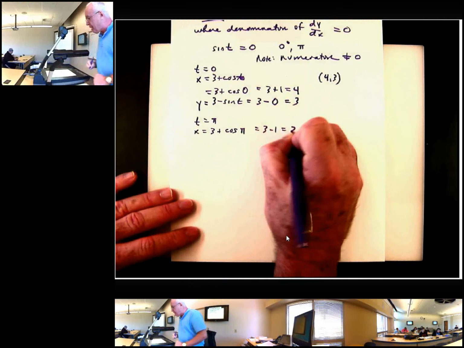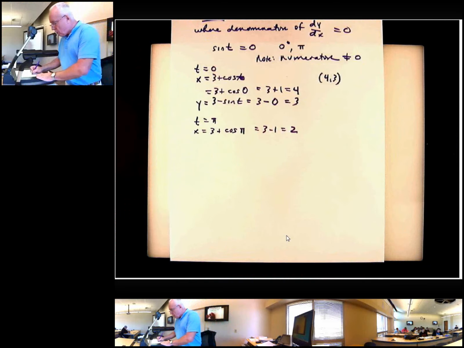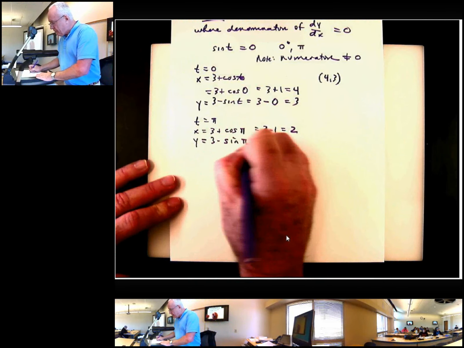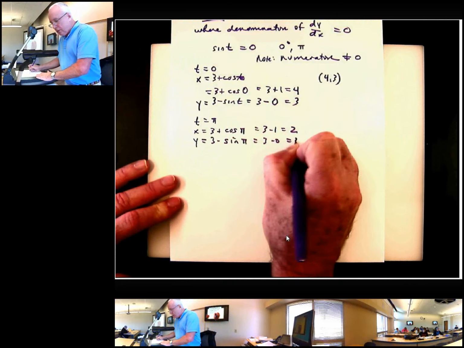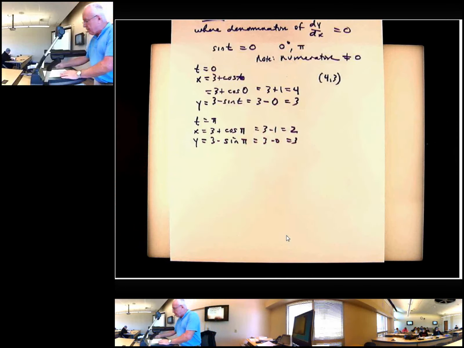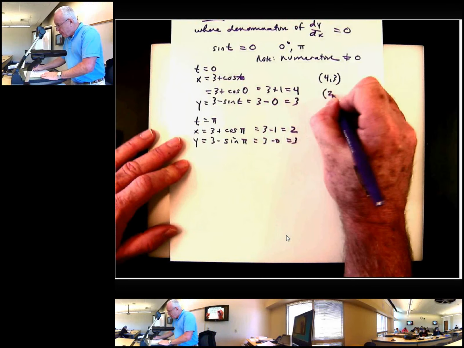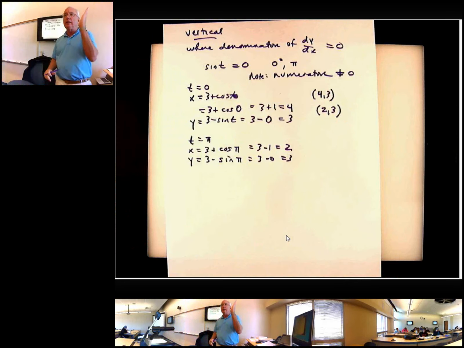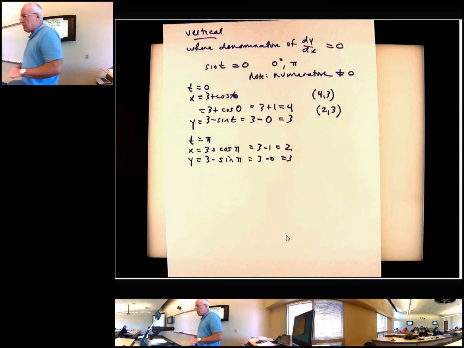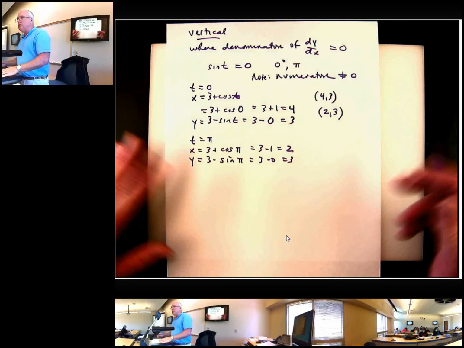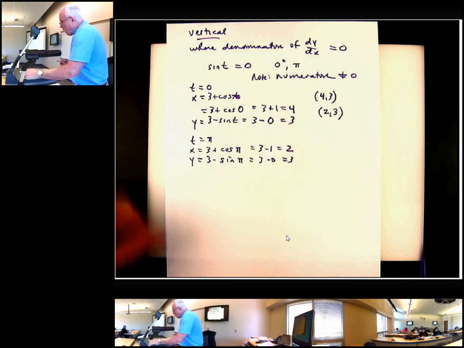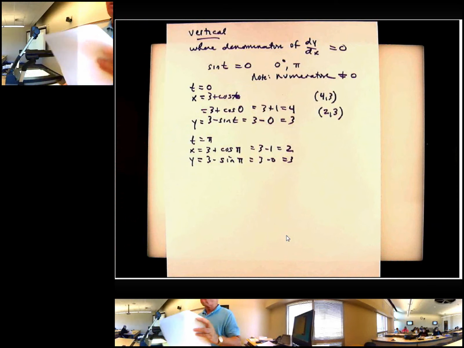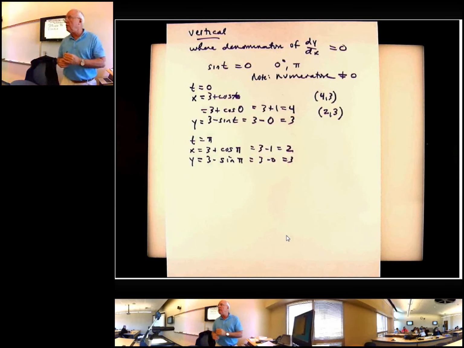So our x value here is 2, and our y value stays the same: 3 minus the sine of pi is 3 minus 0, so y stays at 3. But we do get a second ordered pair, (2, 3), where the tangent line is a vertical line. Okay. So you'll see something like this in homework, so I just wanted to emphasize it again. Any question on just that example?